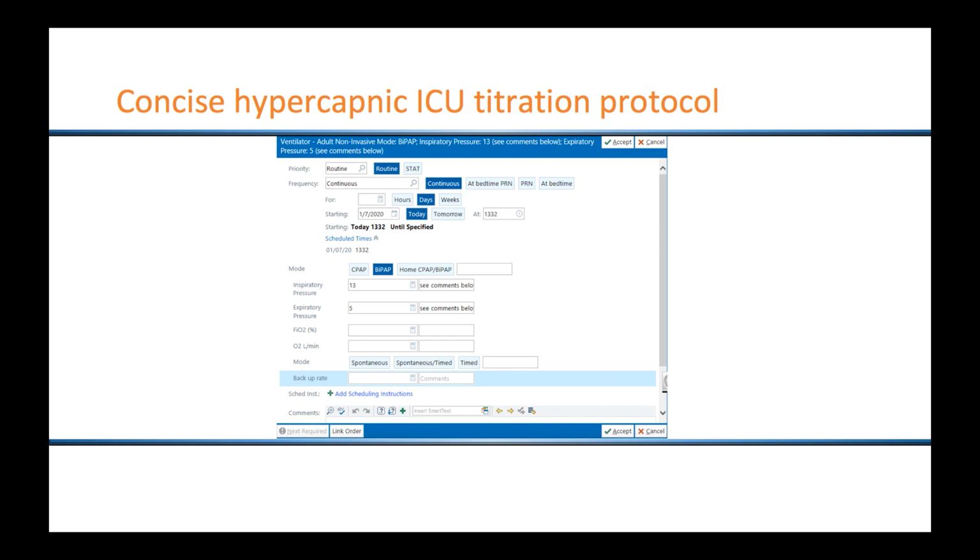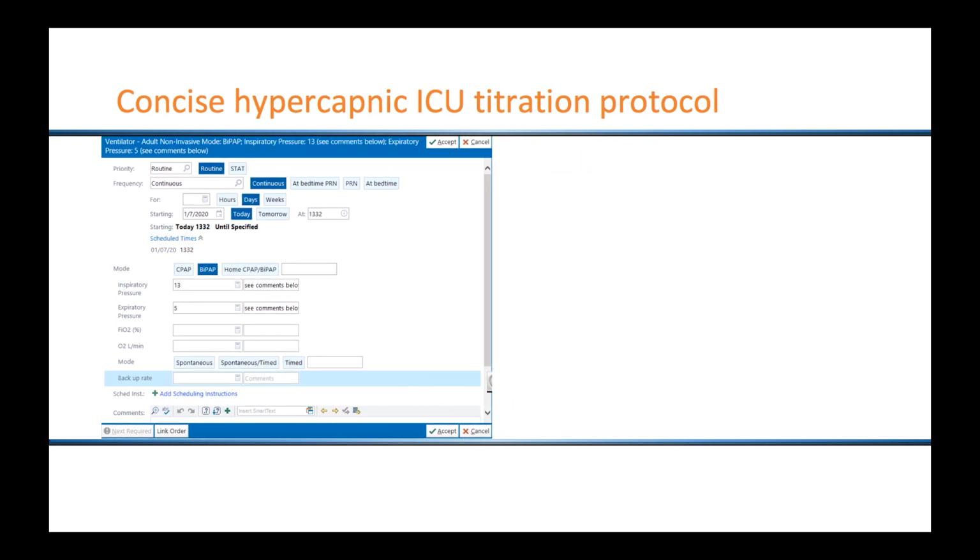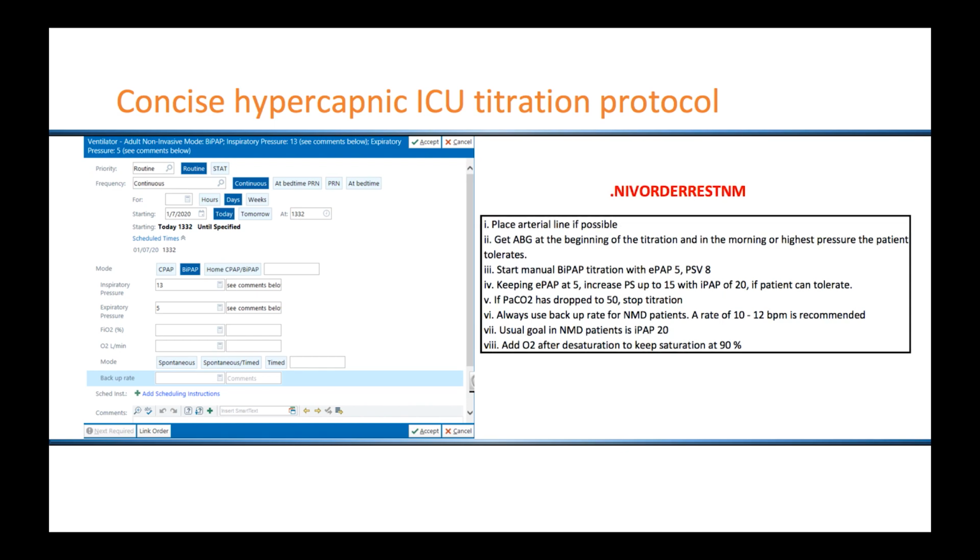The mode is BiPAP, and in this instance, at the beginning, you'll place 13/5, and then adjacent to it, notice that I placed C comments below for both of them. And in the comments section is actually where we're going to place the protocol itself using the order smart phrase .NIV order rest NM. This is the direction that the respiratory therapist will have for the protocol.